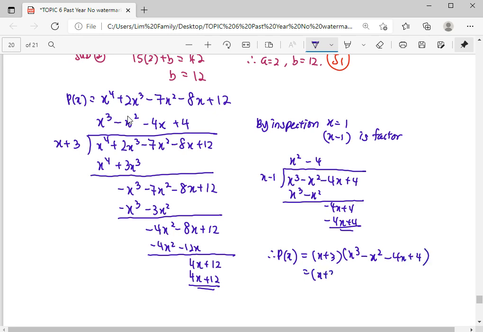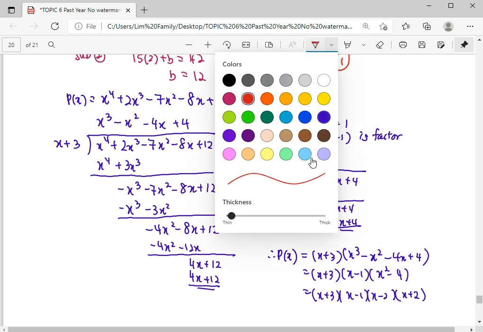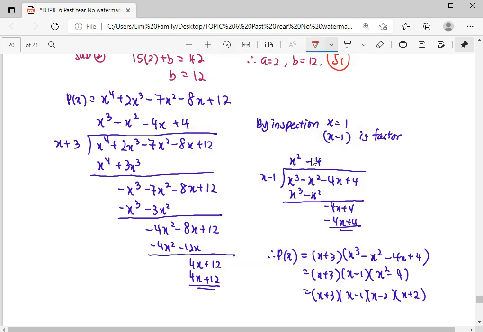And then from the cubic process here, we find another factor is x minus 1, leaving the quadratic factor x squared minus 4. So factorize it completely. For the quadratic, we can factorize it some more. It will be x minus 2, x plus 2. So this is how we get the first factor in the cubic, and then finally factorize it completely.